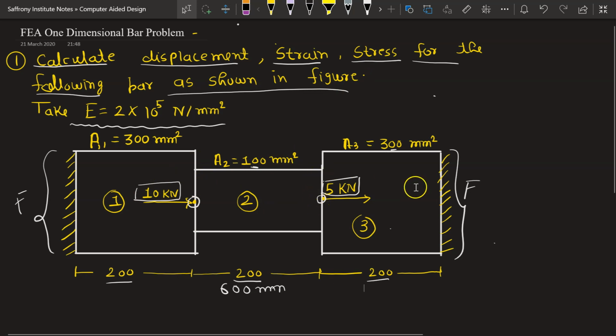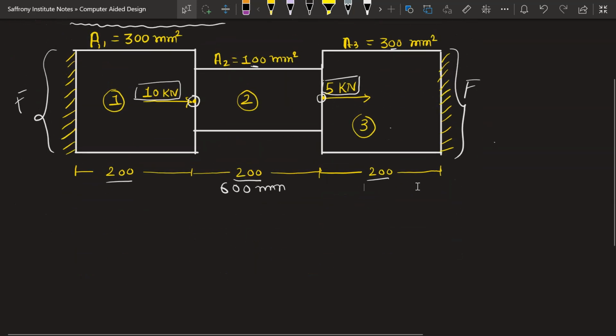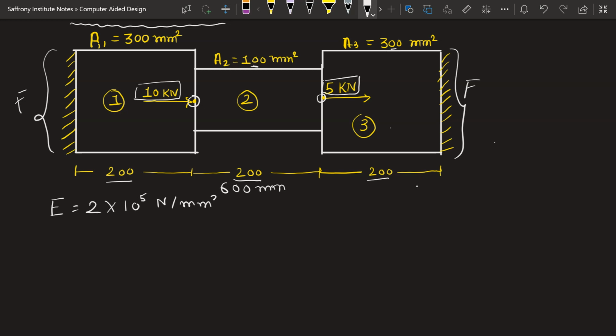So let us begin with the data which are given. We will list it out. What are they giving? They are giving E as 2 into 10 raised to 5 Newton per mm square, which is also equal to E1 is equal to E2 is equal to E3. Why? Because this bar has 3 different segments, 1, 2 and 3.